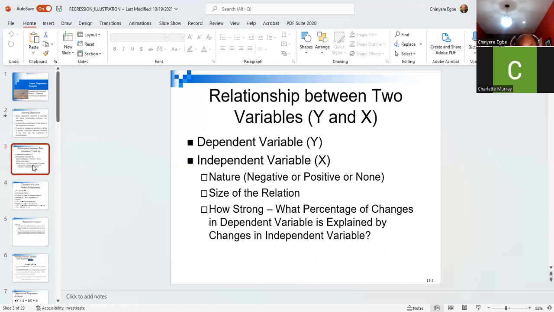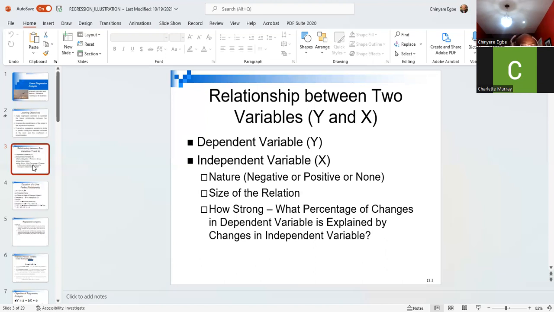For example, the price of a house, which is the dependent variable, depends on the size of the house. Okay, and so we can theorize that bigger houses are going to have higher prices. So the price of the house depends on the size of the house.